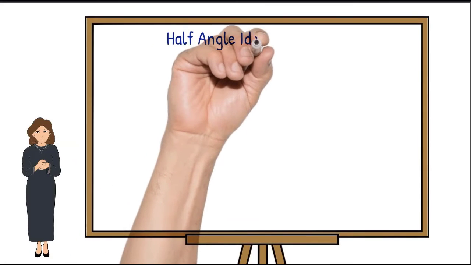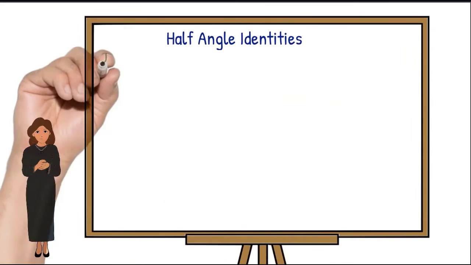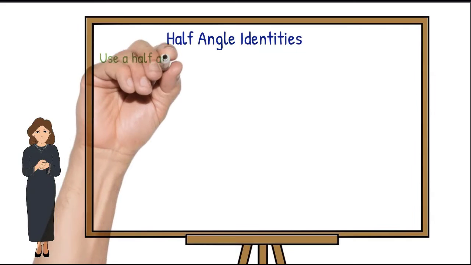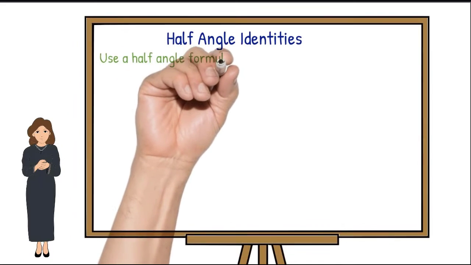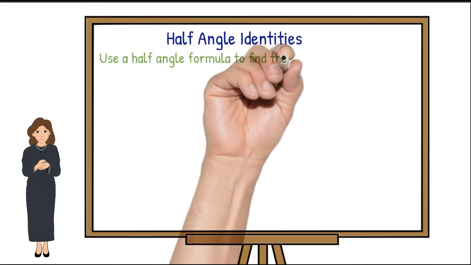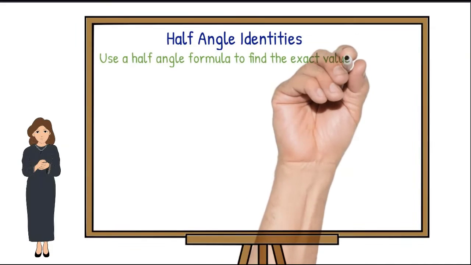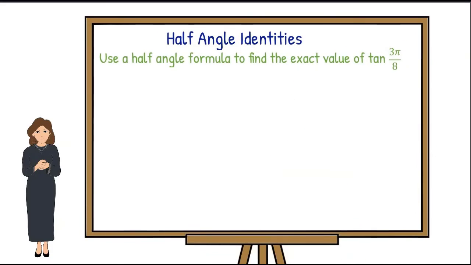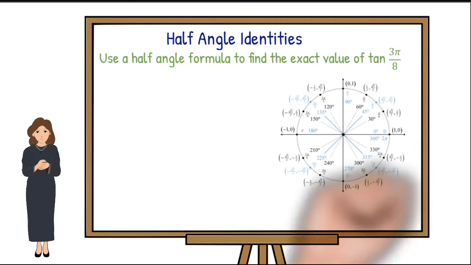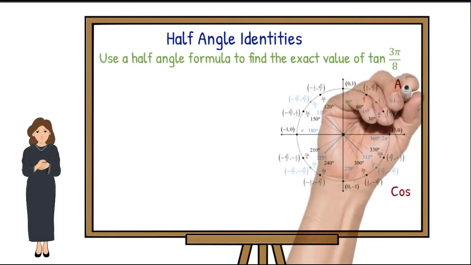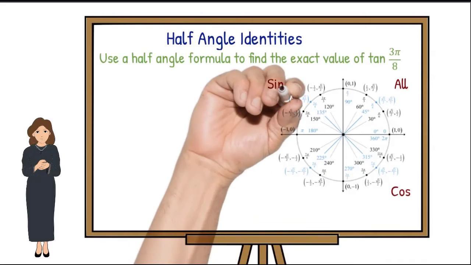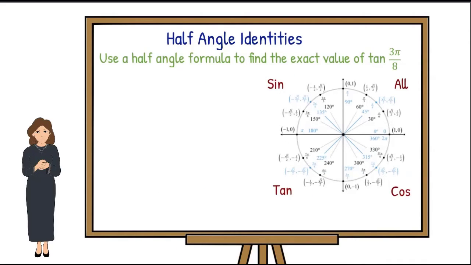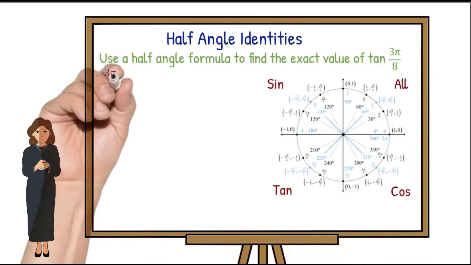So looking at another question, this time we look at a question with tan. So you use a half angle formula to find the exact value of tan of 3 pi over 8. So looking at the unit circle, this time tan is positive in quadrants 1 and 3.